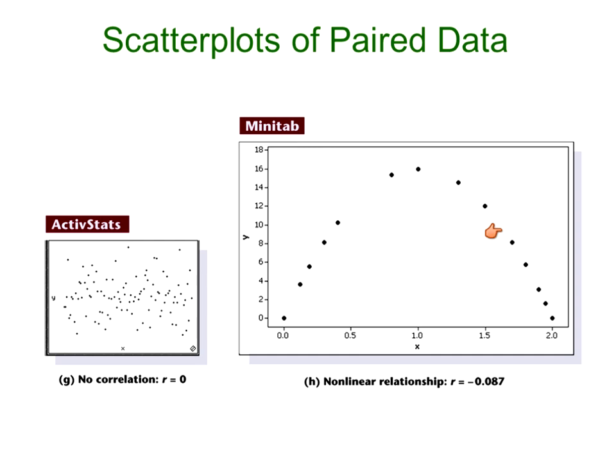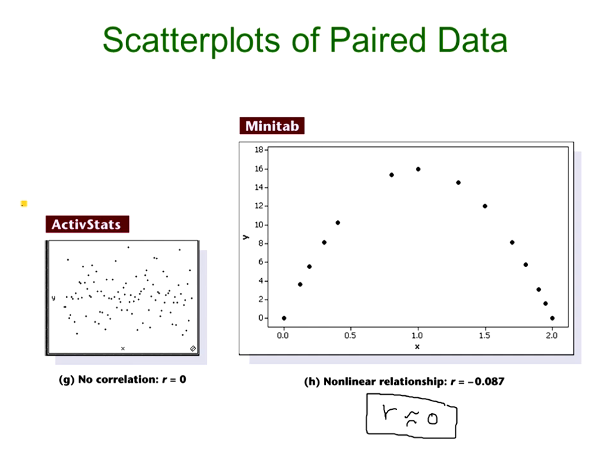So when R is close to 0, that means that the strength of your linear correlation is weak. So here R is pretty close to 0. It's a negative 0.087. I would say that's pretty close to 0. So when R is close to 0, that means you do not have a linear correlation.